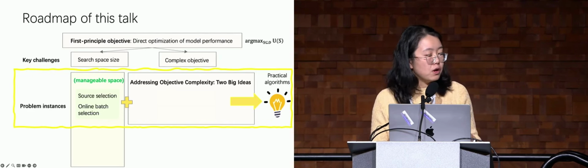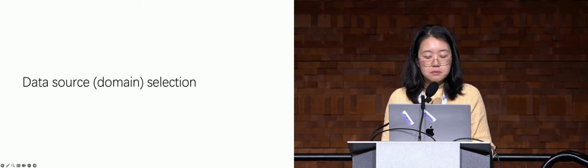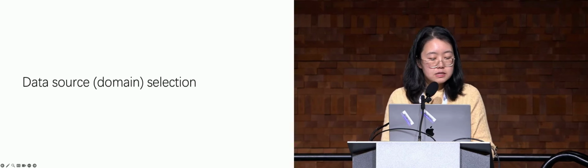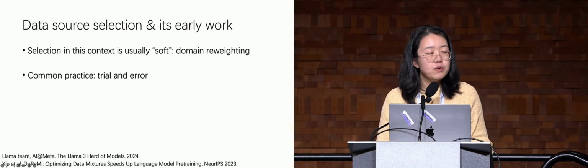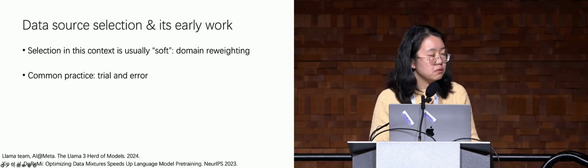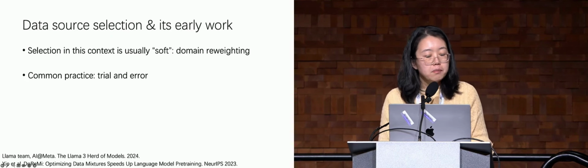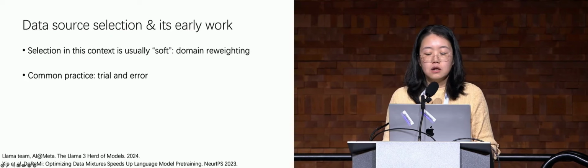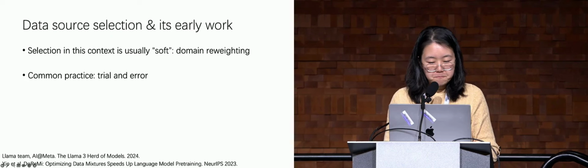So here is where we are in this roadmap. We talked about the first principle objective and some key challenges. Next, we will focus on the specific problem instances with manageable search space and see how we can additionally address the issue of complexity in the objective. I will talk about some big ideas and see how these ideas eventually lead us to some practical algorithms with well-founded principles.